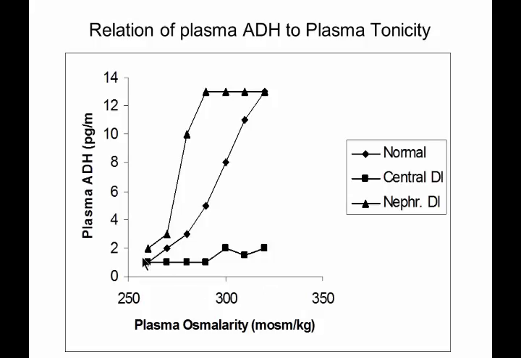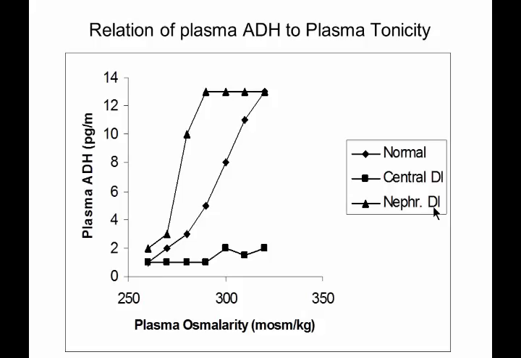And in a normal individual, what will happen is as their plasma tonicity rises, their plasma ADH would go up, and this would be illustrated on this curve. If they have central diabetes insipidus, no matter how high, they can't make ADH, obviously, so as their osmolarity goes up, their plasma ADH level would not.